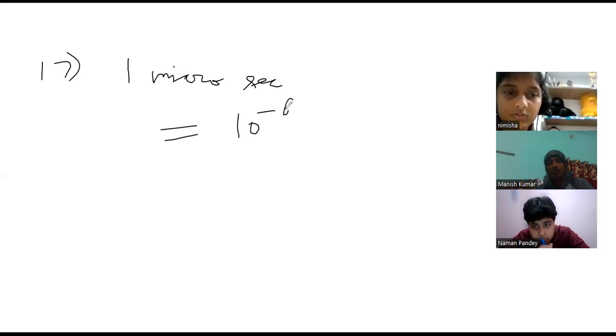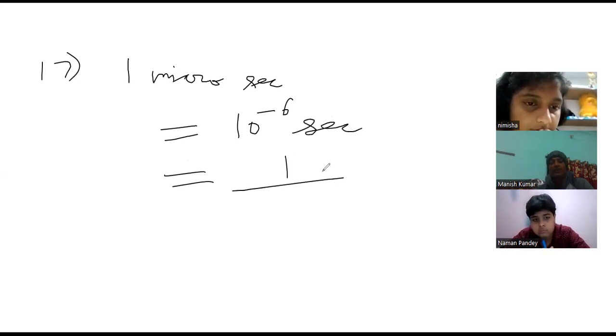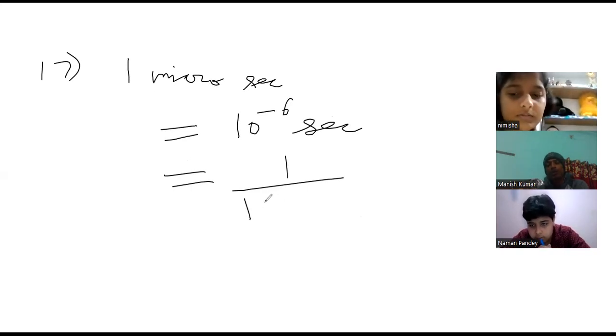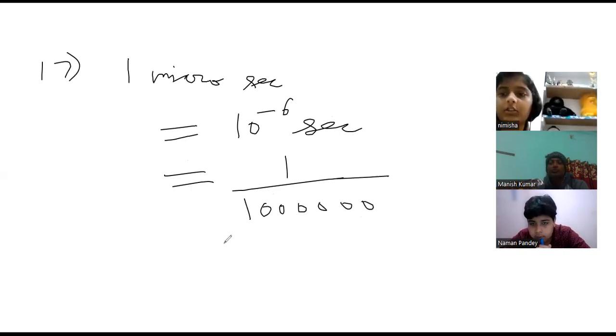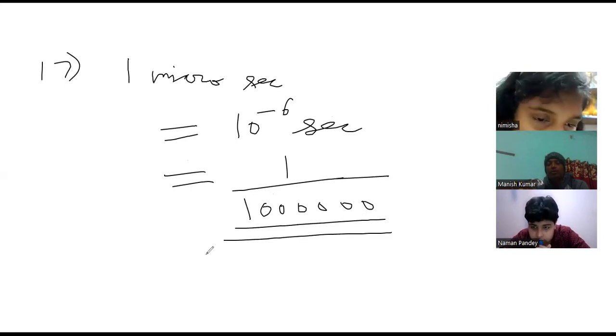10 to the power minus 6 second, we can write it. If it is 10 to the power minus 6, how many zeros should be there after 1? 6 zeros. 1, 2, 3, 4, 5, 6. Now what will it be called? It is 10 lakh.